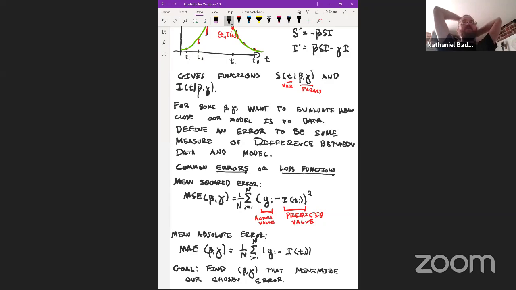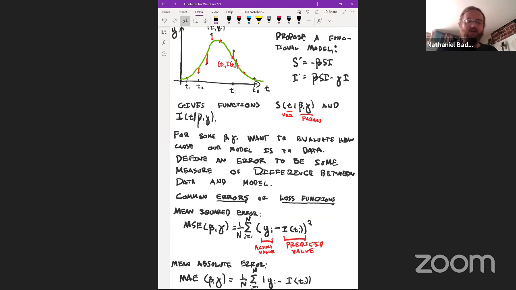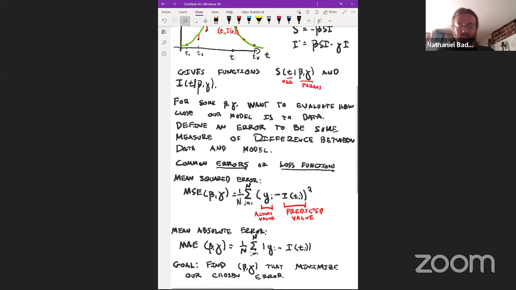Whereas if you double the distance in the mean squared error, you'll go up quadratically. So in particular, the mean squared error is going to heavily punish points that are far away. It'll heavily punish outliers compared to the mean absolute error.